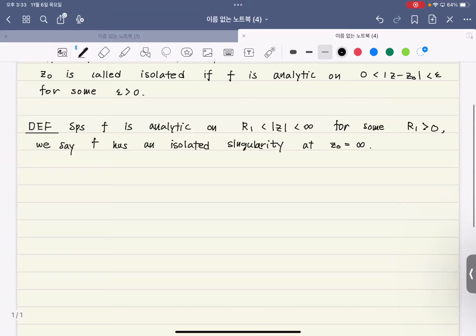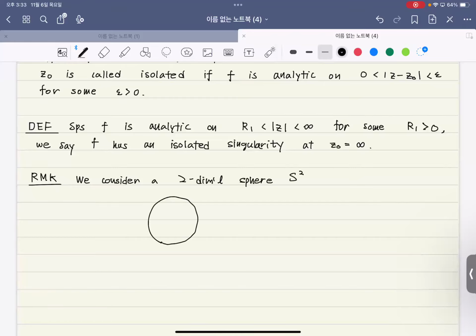So it goes like this. We consider a two-dimensional sphere S2 that looks like this.